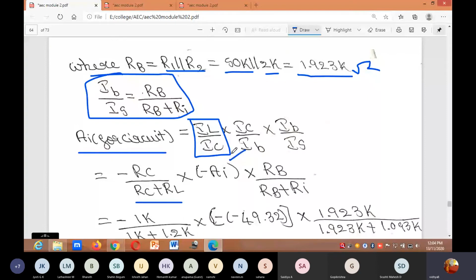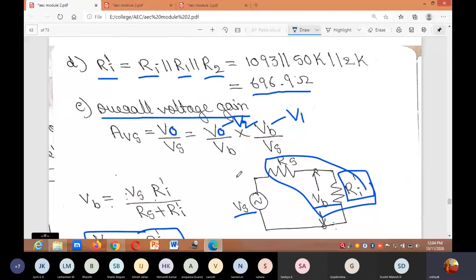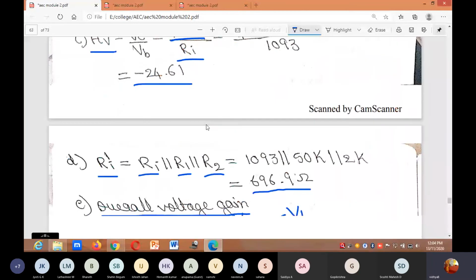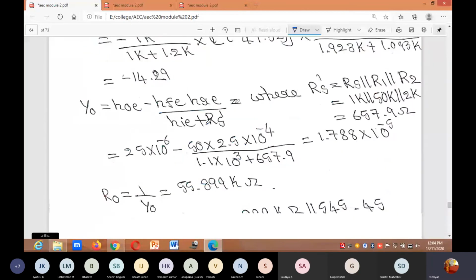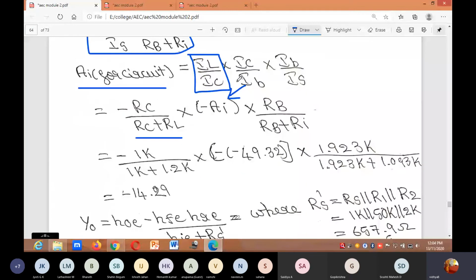You can observe here AI is equal to nothing but IC divided by IB. So they have written minus AI, and next you will get AI is equal to minus IC divided by IB.